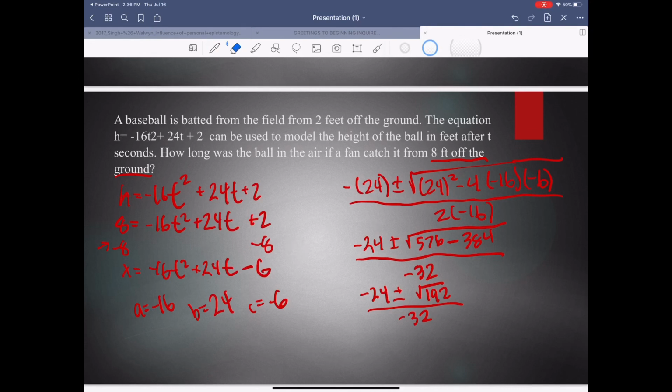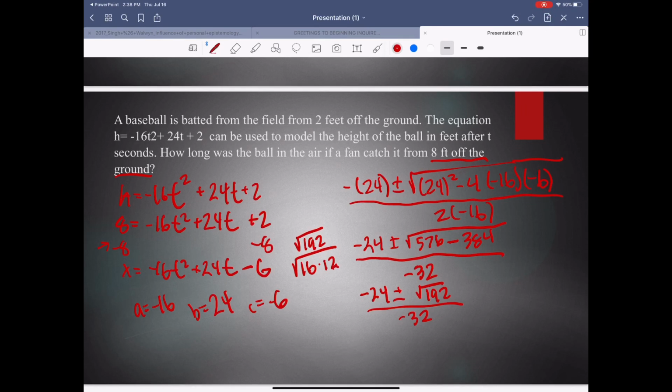The square root of 192 can be broken down to simplify this radical. You'll need to figure out the biggest perfect square that multiplies to give you 192. So I could break this down to 16 times 12.